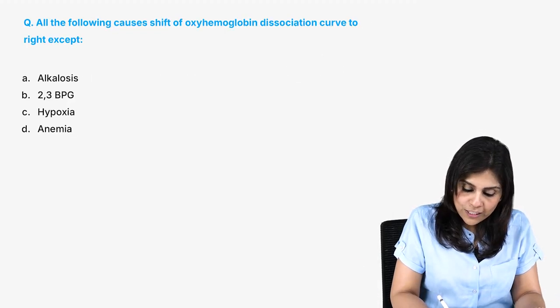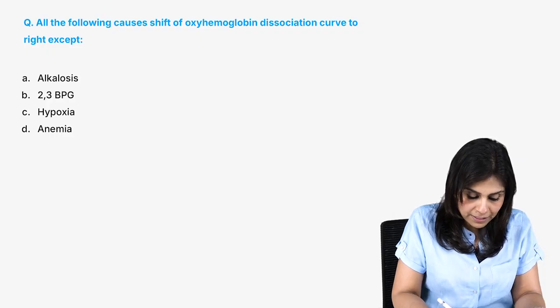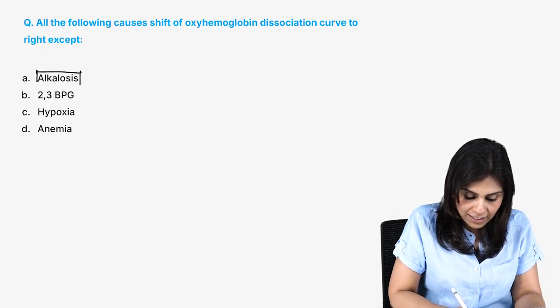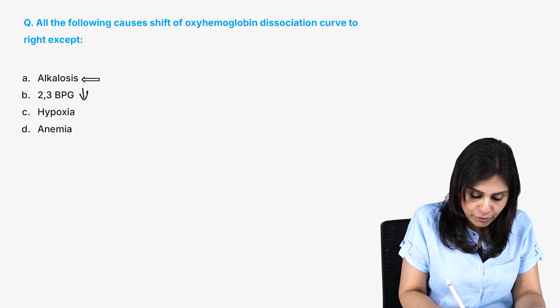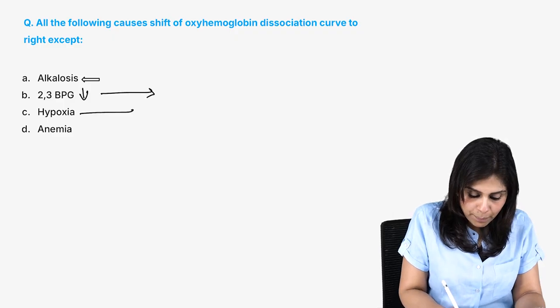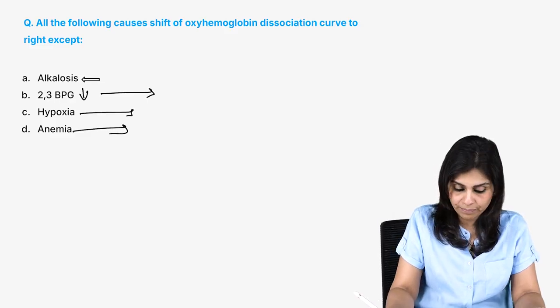All the following cause shift of the oxyhemoglobin dissociation curve to the right except. Right happens always except what? Alkalosis. We know that, right? 2,3-BPG reduces affinity, shifts it to the right. Hypoxia and anemia for the same reason will shift it to the right.